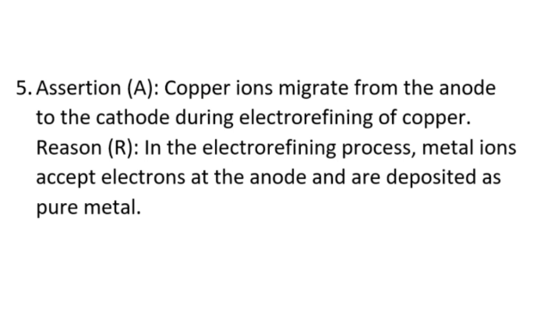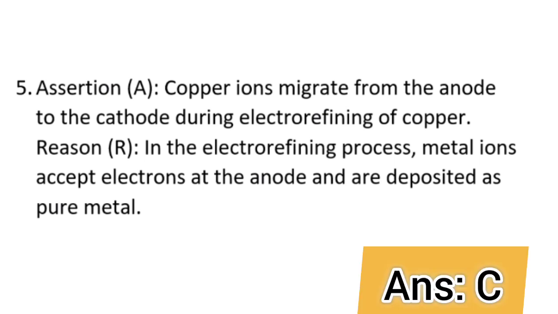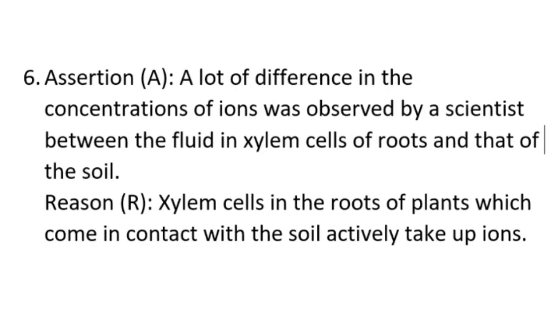So copper ions migrate from anode to cathode is correct. But the second statement is wrong because deposition of pure metal is happening in the cathode. So here we can say assertion is true but reason is false.